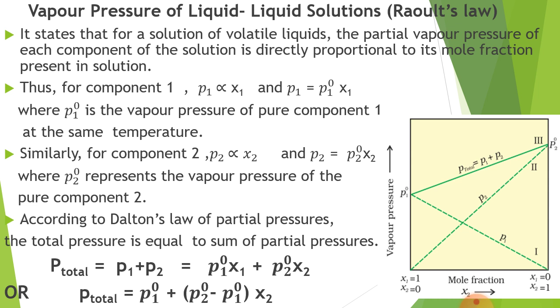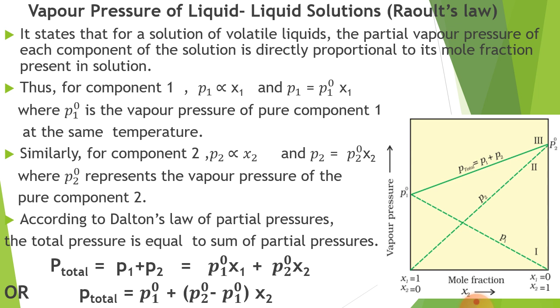And I have told you in the previous lecture that mole fraction is equal to the number of moles of that component divided by the total number of moles of all components. So for component 1, P1 is directly proportional to X1 and that is P1 equals P01 X1, where the zero indicates the pure state, standard state.